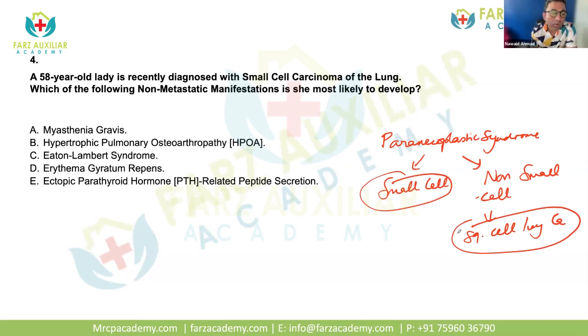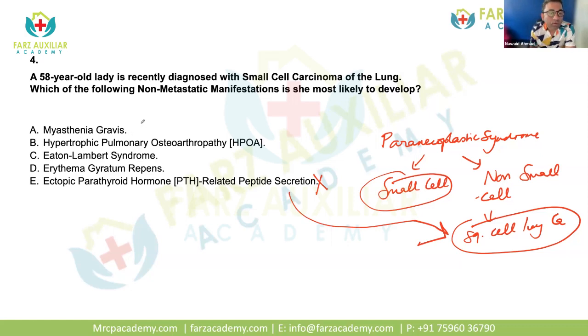As you can see here, they have mentioned myasthenia, hypertrophic pulmonary osteoarthropathy, Eaton-Lambert syndrome, erythema repens, and ectopic PTH-related peptides. This one you can immediately get rid of, because it is associated with squamous cell lung cancer, not small cell lung cancer.